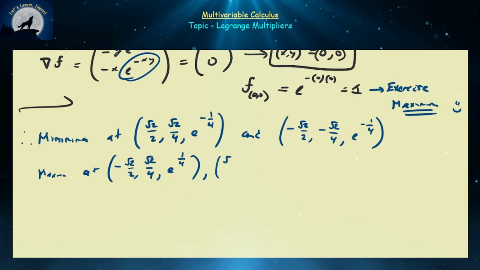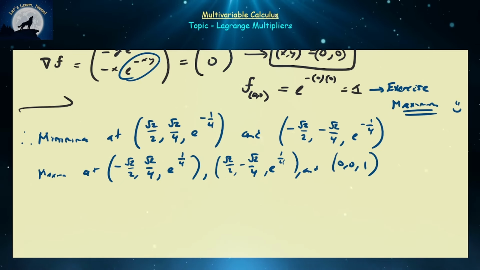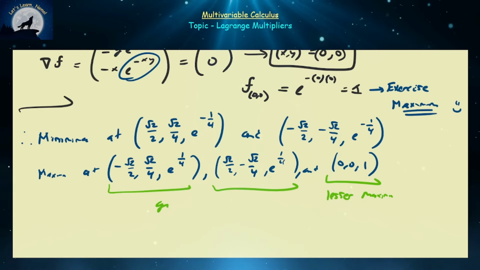We also have one at root 2 over 2, negative root 2 over 4, e to the 1/4, and we also have one at 0, 0, 1. Keep in mind, e to the power of 1/4 is slightly bigger than 1, so this is obviously the lesser of the maxima, and these are the greater maxima of the function, right? So therefore, this function has local optima at these 5 points.